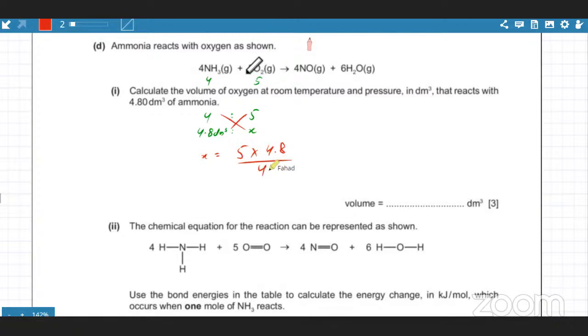You don't need to use all those formulas of moles. Remember this, only for gases: the ratio in which the moles are reacting and the ratio in which the volumes are reacting are exactly the same. So if 4 reacts with 5, 4.8 dm cube would react in the similar ratio as well. So 5 into 4.8 divided by 4.